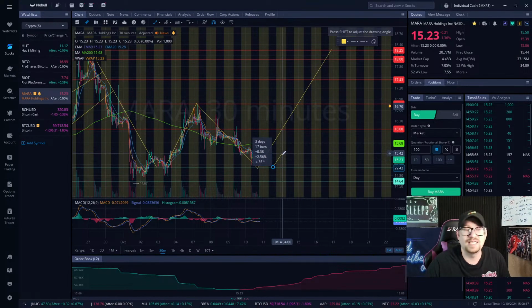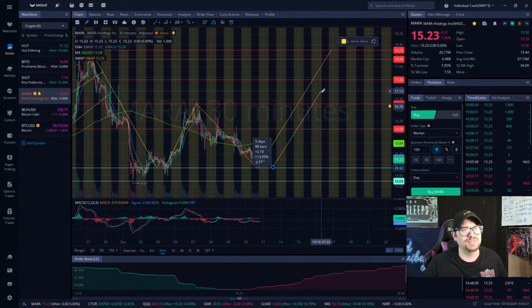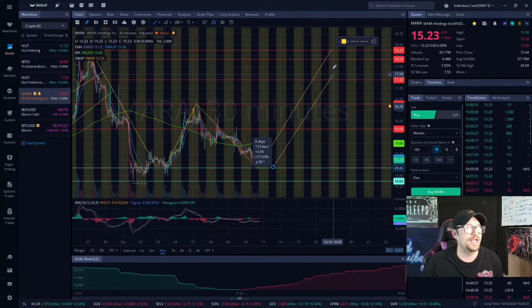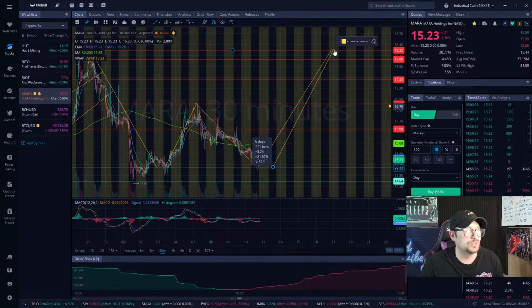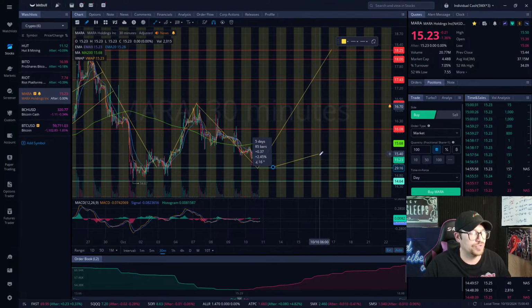I buy, say, 100 shares. It's about 1,500 bucks. Even if it goes up to $16, that's $100 automatically. If it goes up to the $17, which is just slightly above this 1687, that's about $200. And then if it were to go up, obviously, to 18 bucks, we'd see closer to $300. So very clean trade, very simple.